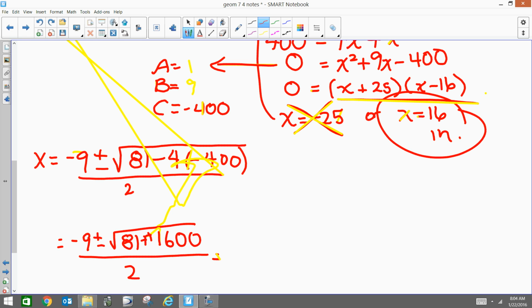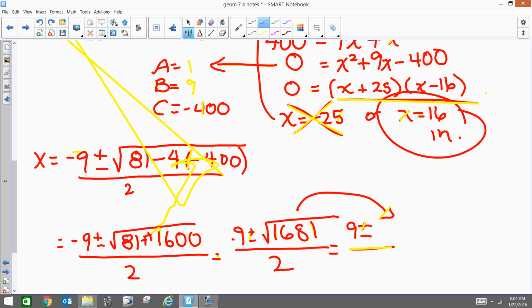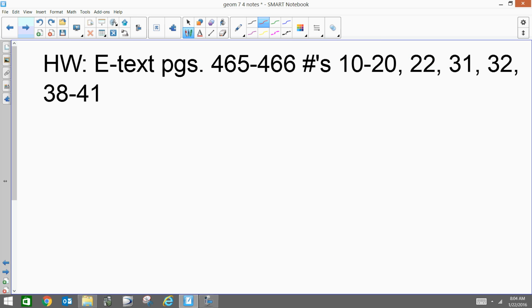So 9 plus or minus negative 9, 1681. And 9 plus or minus, this has a square root, et cetera. You're going to get these same two answers. I'm not going to do it because this yellow is making me crazy. So there's your answers.